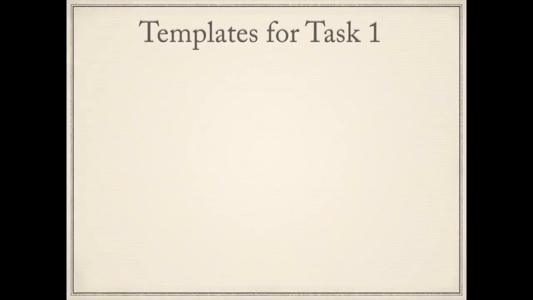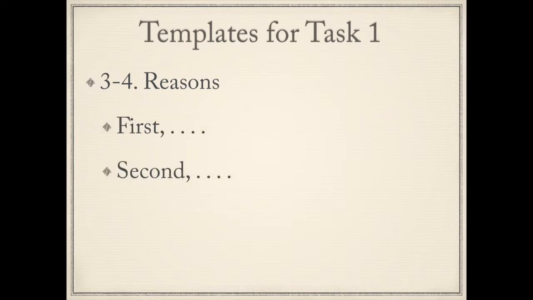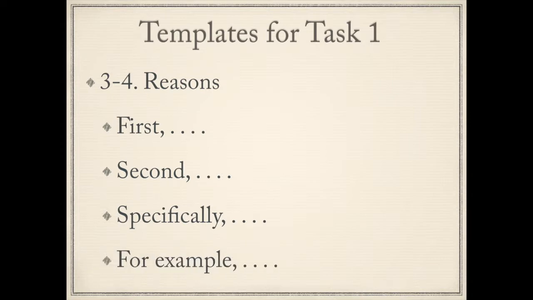Okay, so of course when you're stating your reasons, say things like first and then second, specifically, or for example, right? There are different ways to do this, but these 4 should get you a long way. So first, I love the city because, for example, my favorite character in the film, etc. Very good ways to open the parts where you give your reasons, and just anticipate that you will give 2.